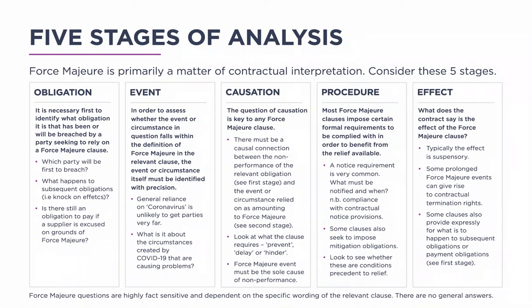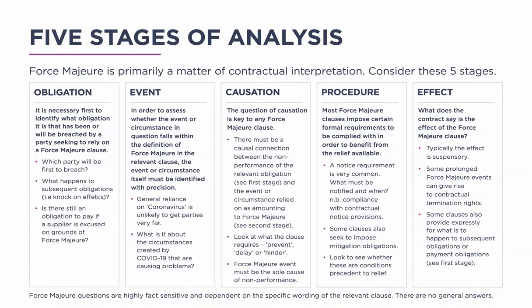But there are a few questions to have in mind. The first is, is notice of the event or circumstance sufficient, or is there an obligation to notify of risk or expectation of an event occurring? Secondly, what details must be given of the event relied on? Can you simply say COVID-19, or do you have to go into more detail?